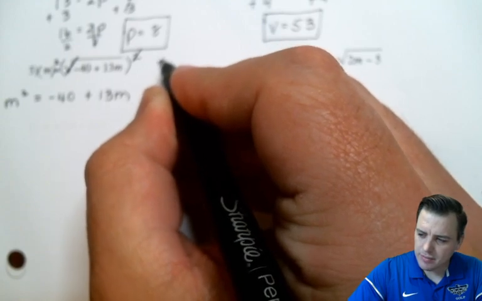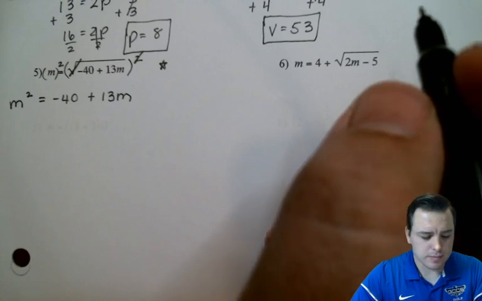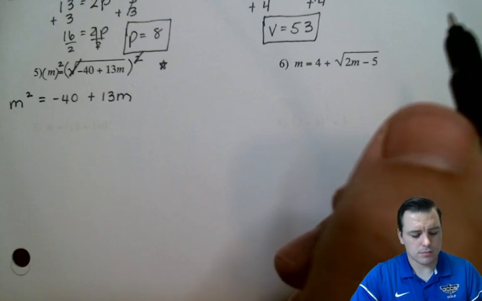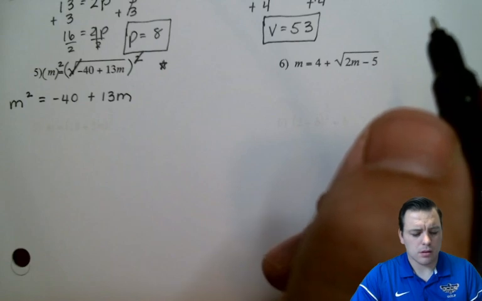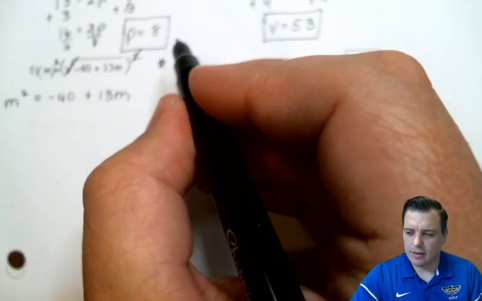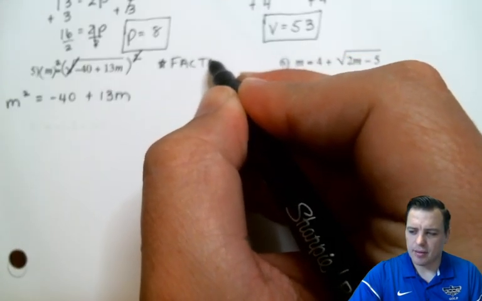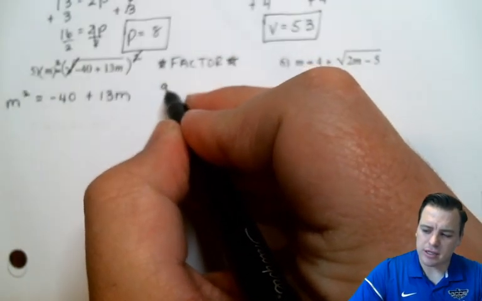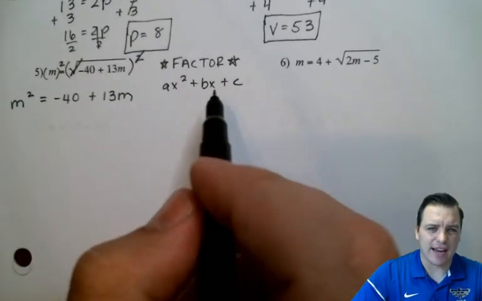Anybody? That would be, after crickets are there, factoring. Okay? So remember, in order to solve quadratic equations that look like this, ax squared plus bx plus c, you must factor it.